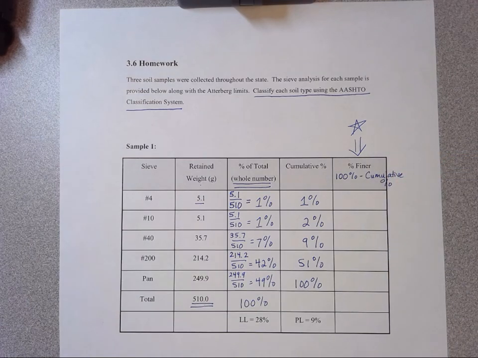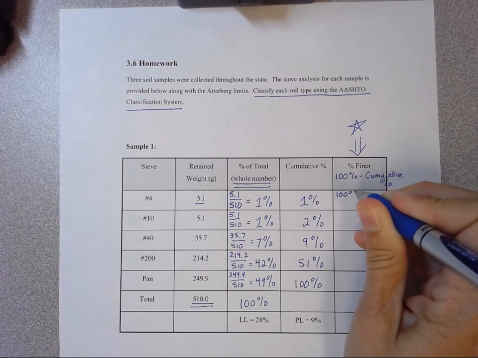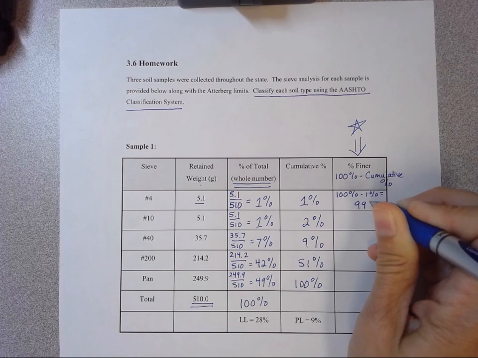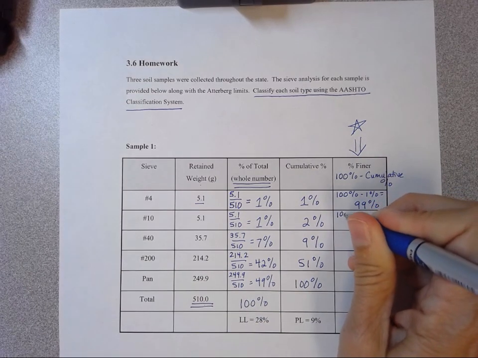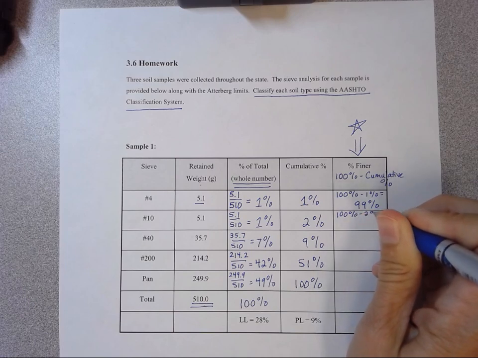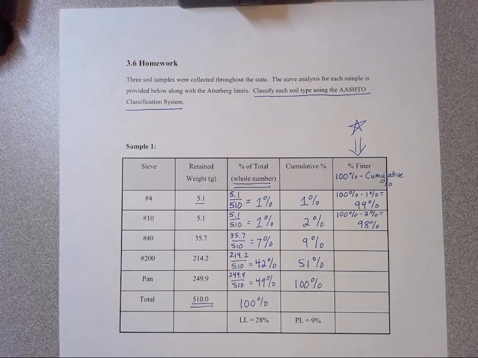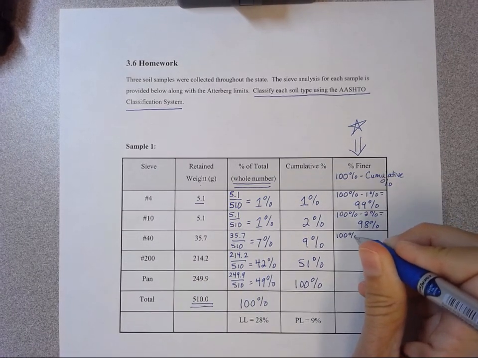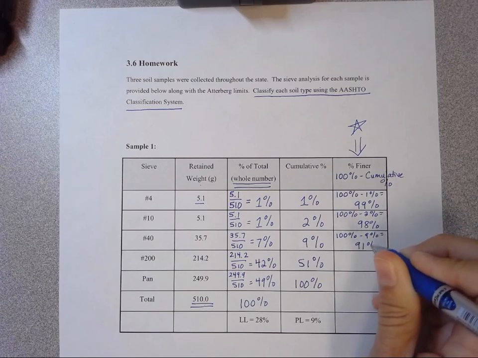Okay, so in this first number, our cumulative percent is 1, so it's just 100% minus 1%. And so that's 99%. For our number 10 sieve, it's 100% minus 2%, so that's 98%. Our number 40 sieve is 100% minus 9%, so that's 91%.